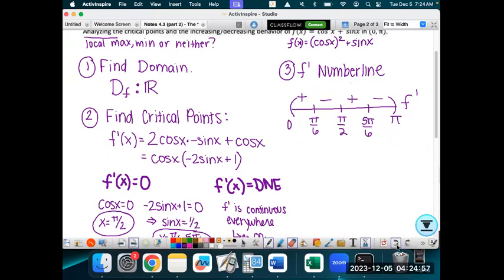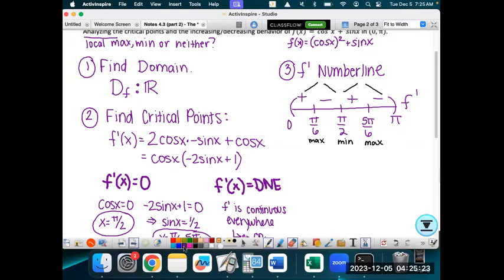But you know what? I'm going to leave these up here, maybe in a different color though. Okay, so let's go ahead and write up our answer. I do actually want to know what the local max and local min values are.